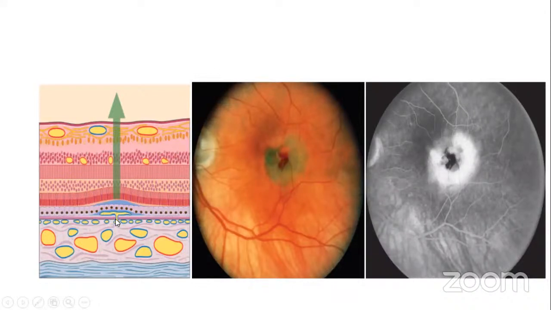So the Bruch's membrane, I've explained to us before that the Bruch's membrane is not impermeable to fluorescein. It's permeable to fluorescein, but the RPE is impermeable to fluorescein in its healthy state. So here there's an obvious defect in the Bruch's membrane.